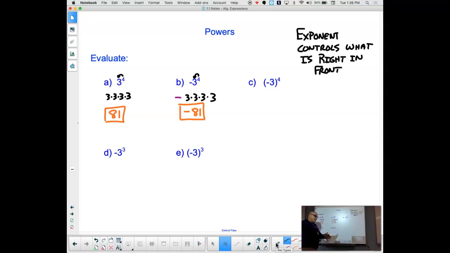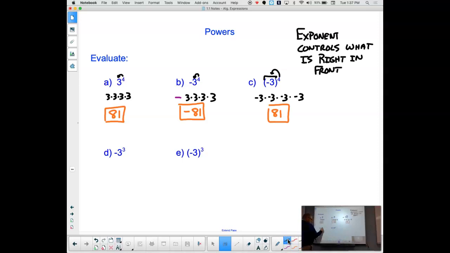Now, when there's parentheses, then this exponent of 4 is controlling that whole parentheses. So this one is negative 3 times negative 3 times negative 3 times negative 3. So then that one becomes 81. Okay.